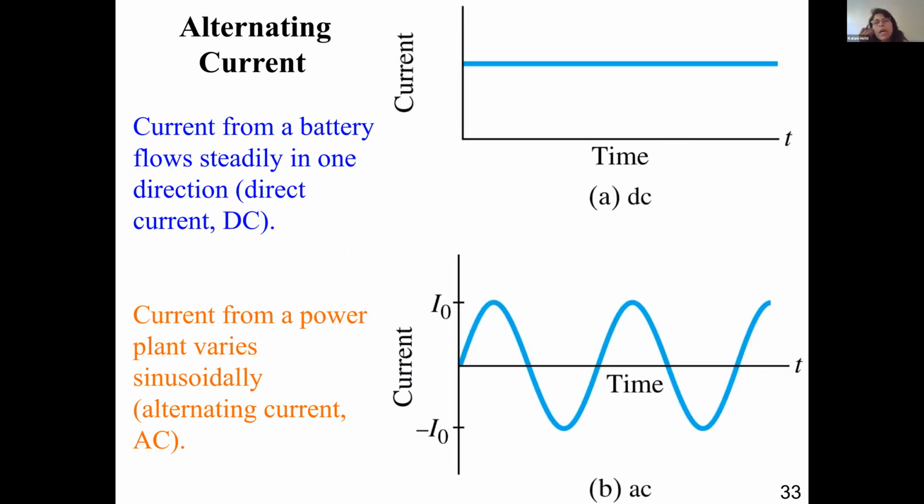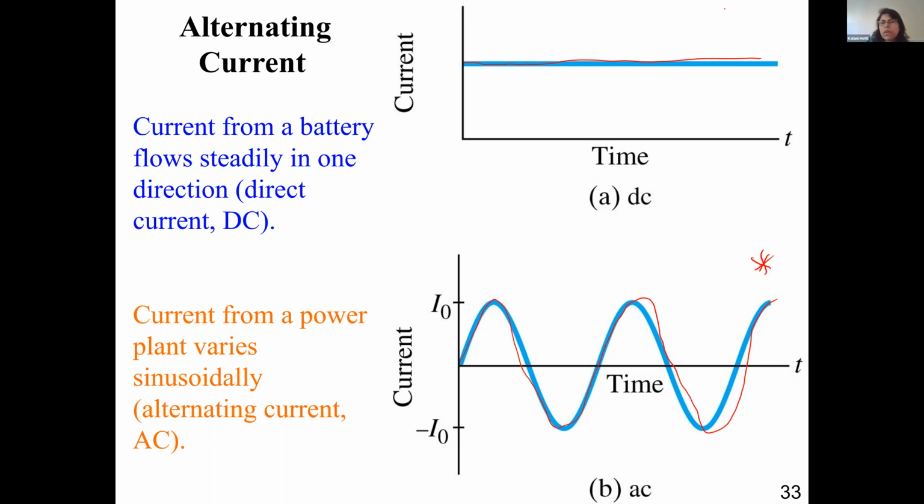Okay, so I just include this slide to get an understanding that we have 2 different currents and voltages. One is alternating current and voltage, and the second one is DC current and voltage. So DC means direct current or direct voltage. That means it is constant without changing with time. But AC means you have a changing current and a changing voltage.